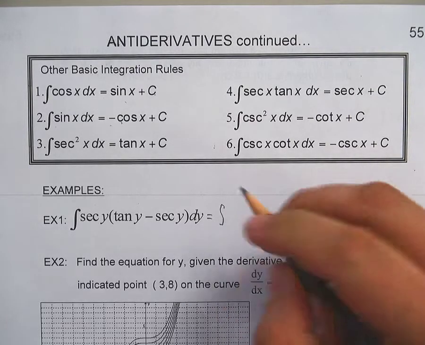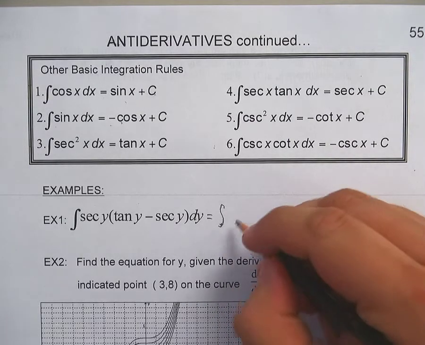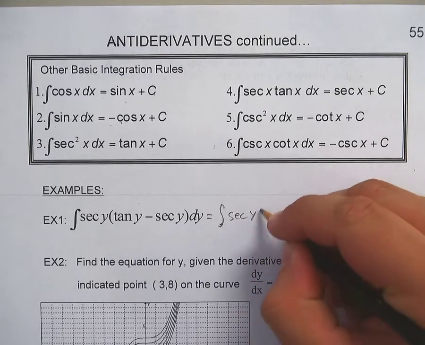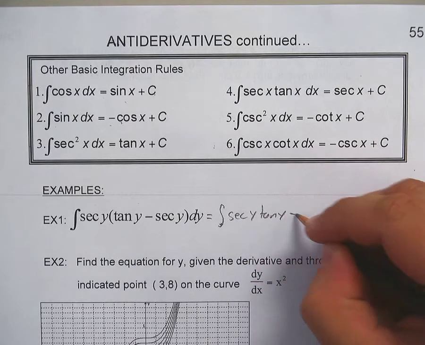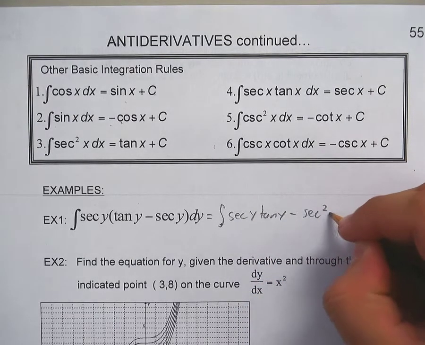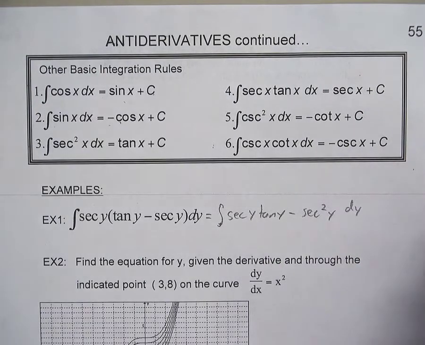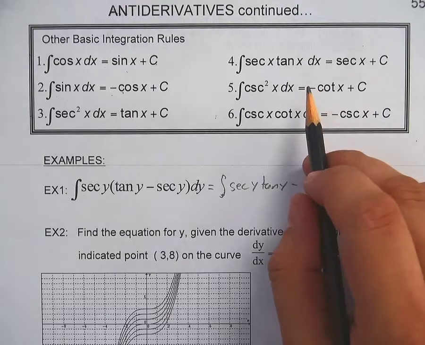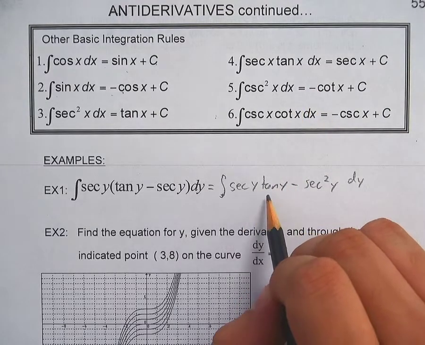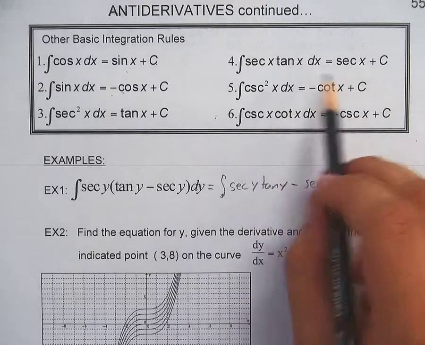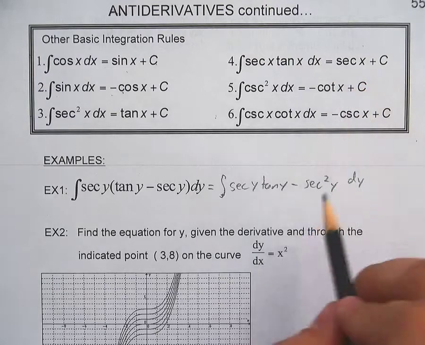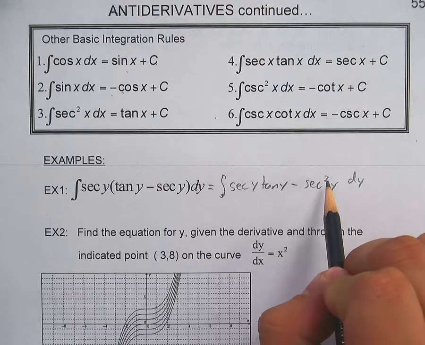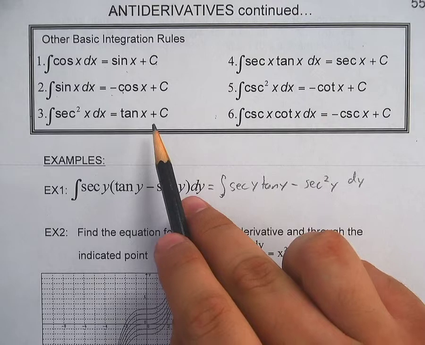So it's the integral of secant y tangent y minus secant squared y dy. And what that does is it lets me use stuff from up here because I know that the integral of secant x tangent x is secant x plus c, and the integral of secant squared is tangent.